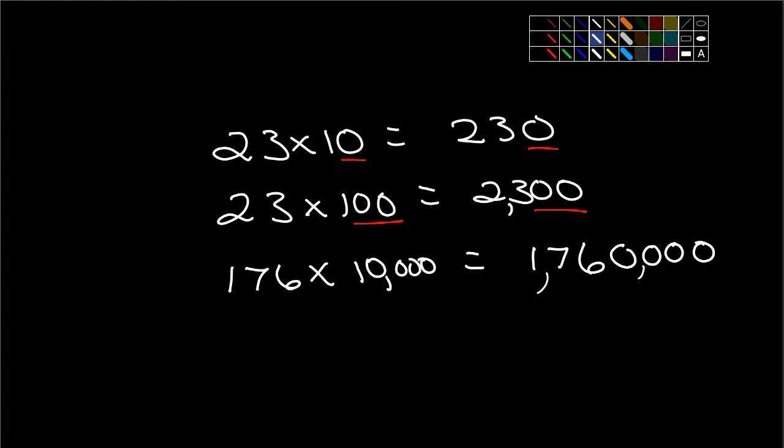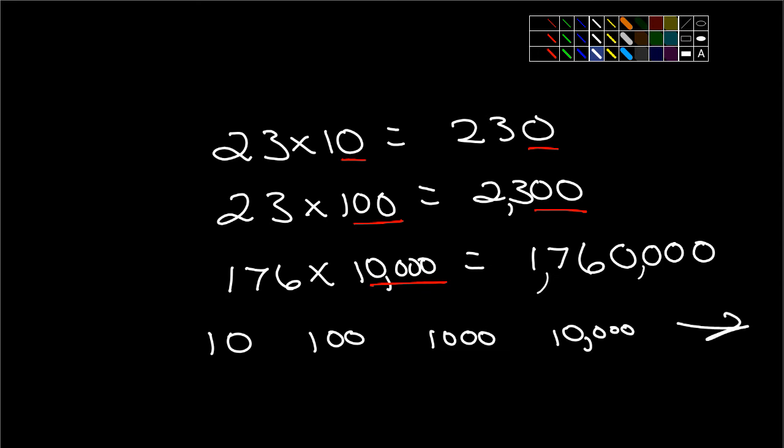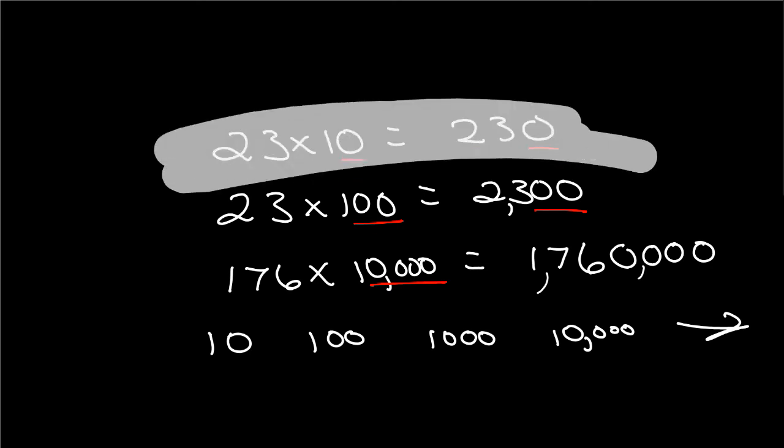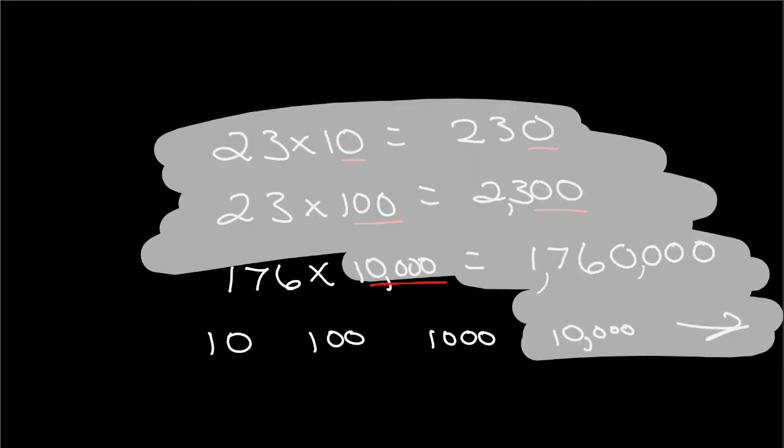What I'm trying to point out, you guys, is that anytime you multiply a whole number by the powers of 10, whether it's 10, 100, 1,000, or even 10,000 and bigger, all you do is add that number of zeros. You should have known this coming in here. A lot of you didn't, though, thanks to COVID and the whole nonsense of being taught at home, okay?